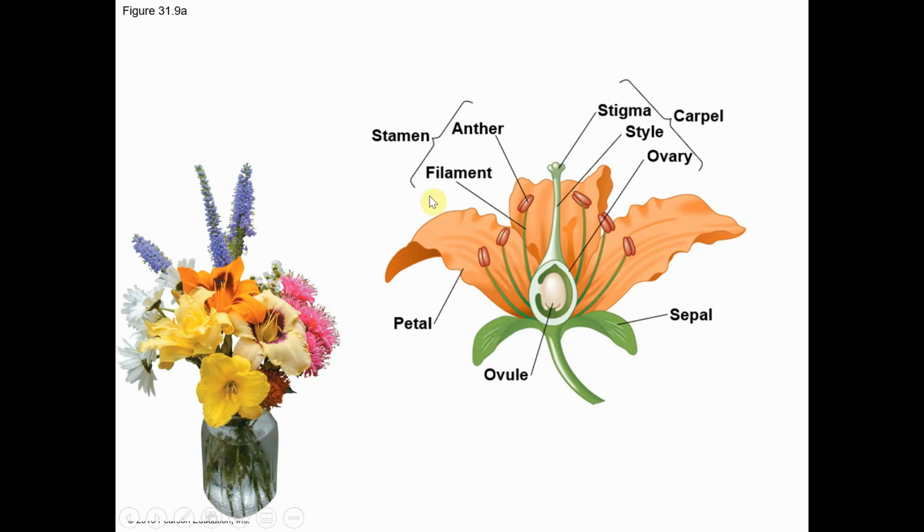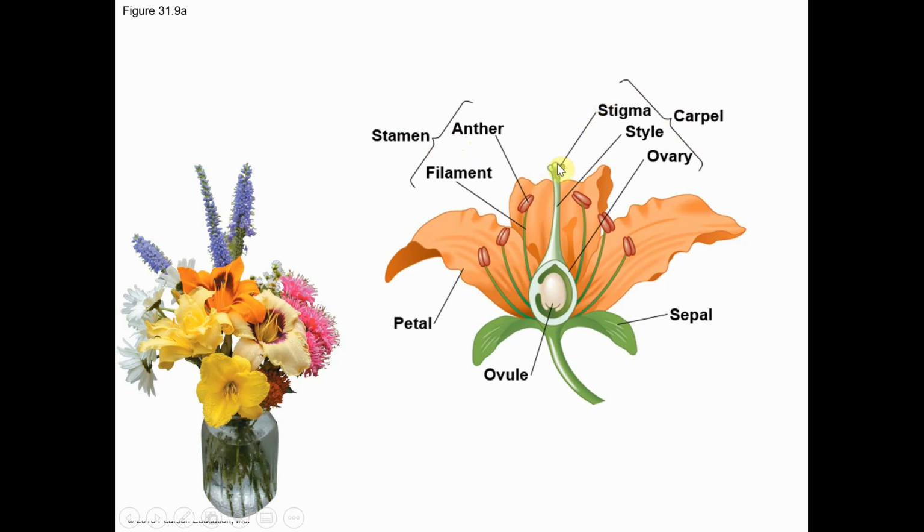And then the pollinators will be responsible for getting the pollen to the stigma. So the pollen is located on the anther region of the stamen, and then the filament is there to prop that anther up, so that way the pollinators have access to it. And to get closer as well to the stigma, which is part of the carpel here.